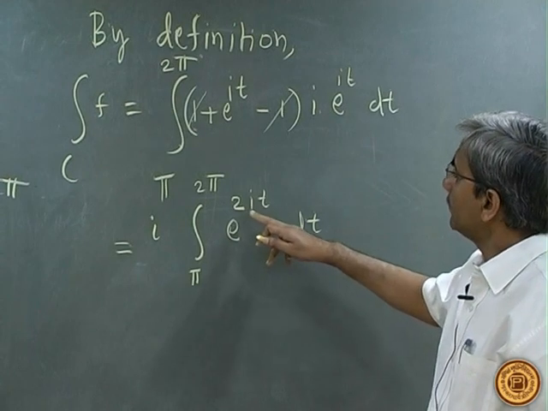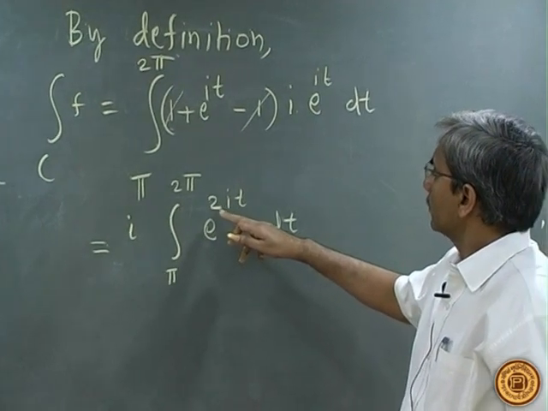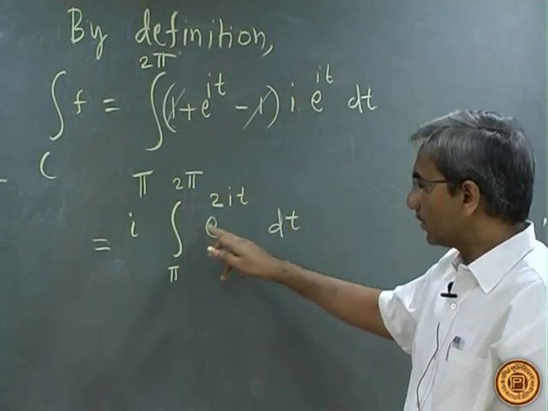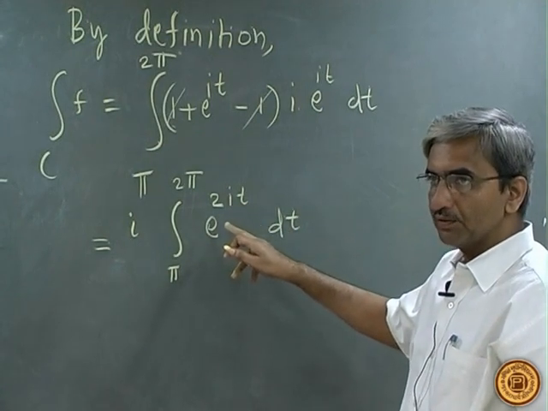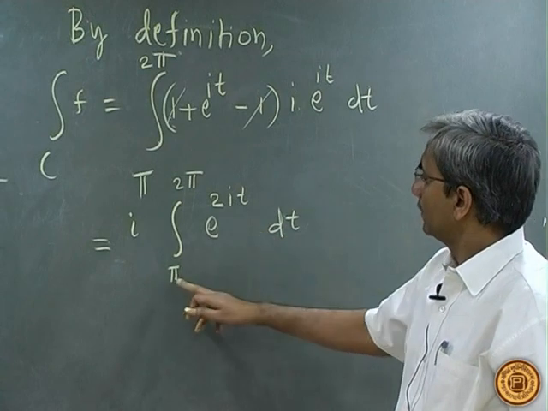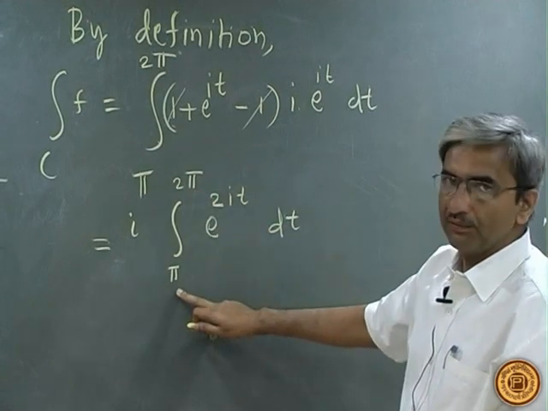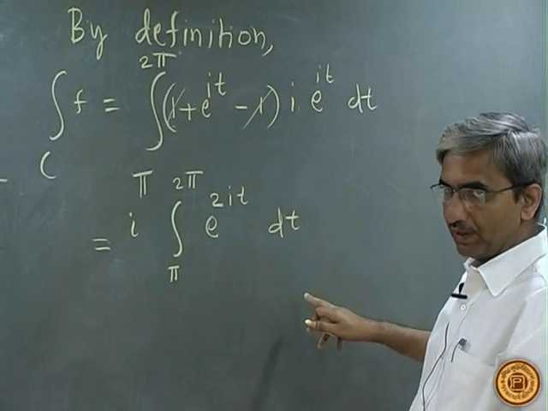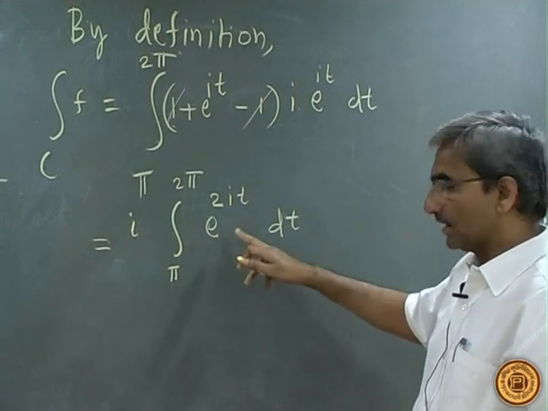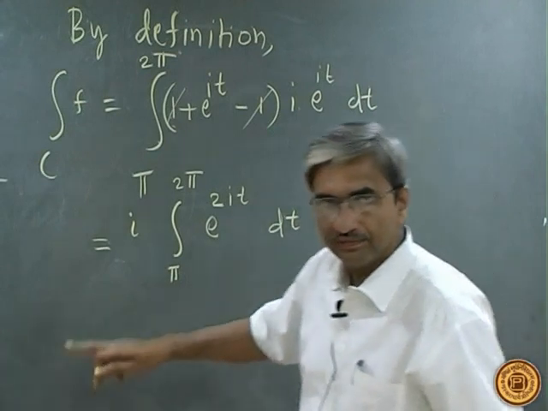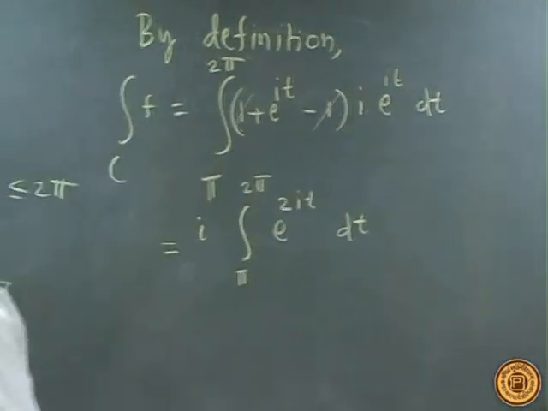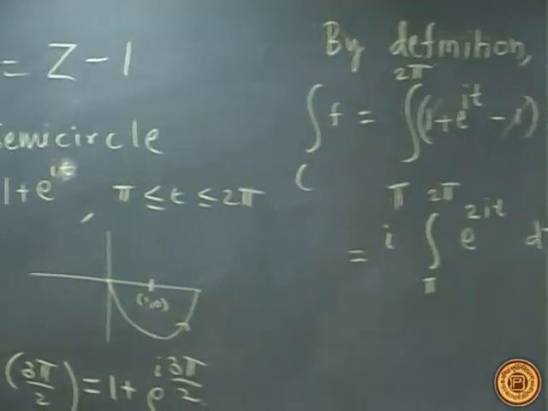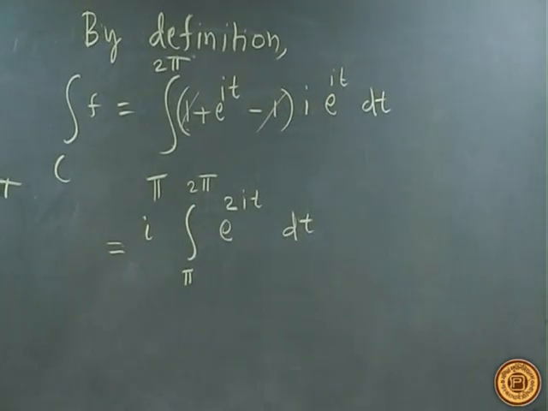This will be cos 2t plus i sin 2t, and the integral of cos 2t will be in terms of sin 2t, but sin 4 pi and sin 2 pi will be equal, and similarly cos 4 pi and cos 2 pi will be equal. So this integral is going to be 0.